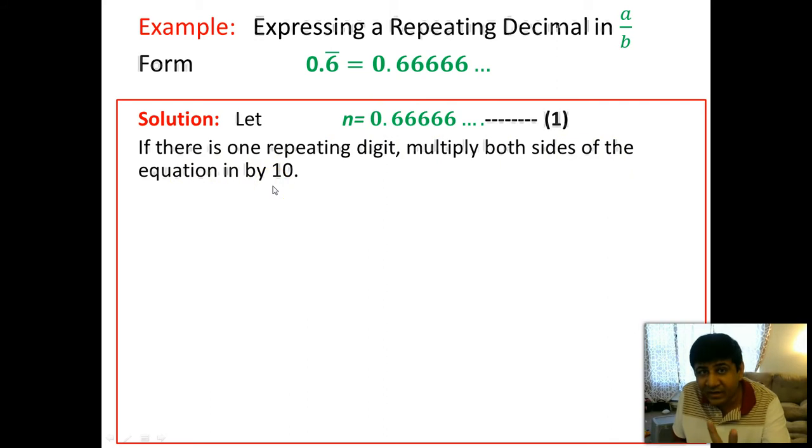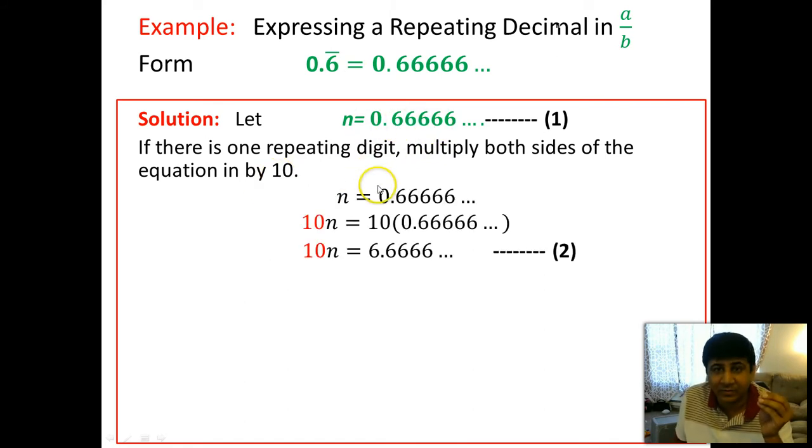If there are two repeating digits, like 63636363, then we'll multiply it by 100. In this case, since one digit is repeating, we'll multiply the whole equation by 10, like this.